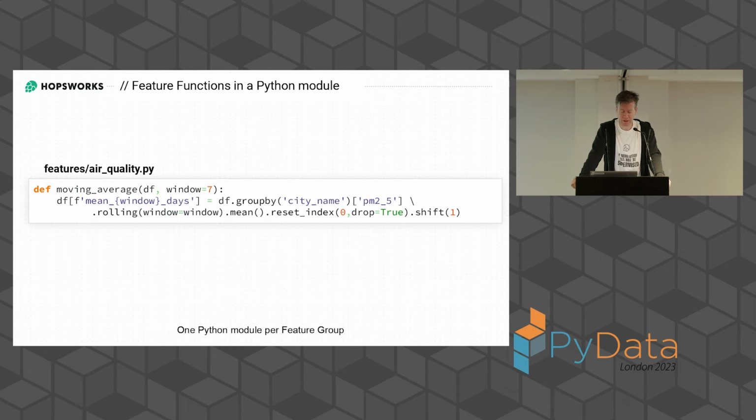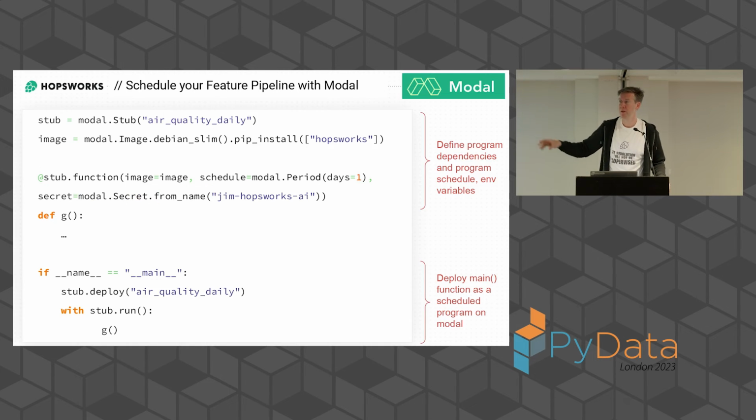This is a simple one, computing the moving average over 7 days, but if somebody changed it to maybe 14 days because they thought that would be better, a lot of the existing models that are dependent on it assume 7 days. Or if someone changes it to 3 days, that will definitely break the ones assuming 7 days. So a unit test in this case should warn you and say, hang on, this seems to be incorrect. So putting your feature functions in separate modules is useful for testing and reusability.